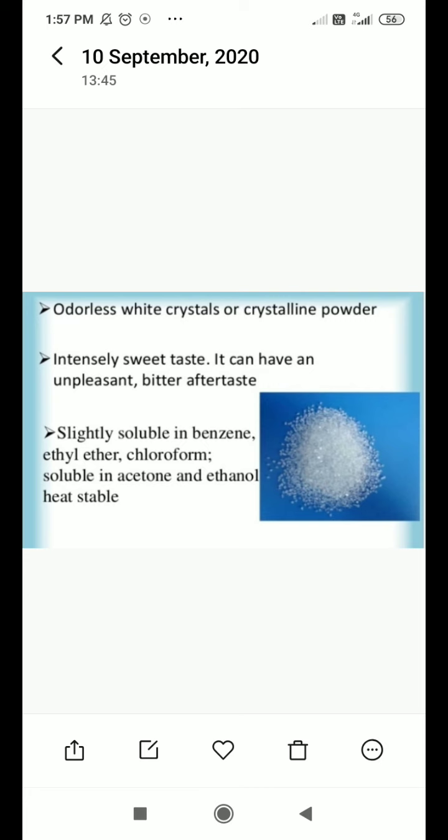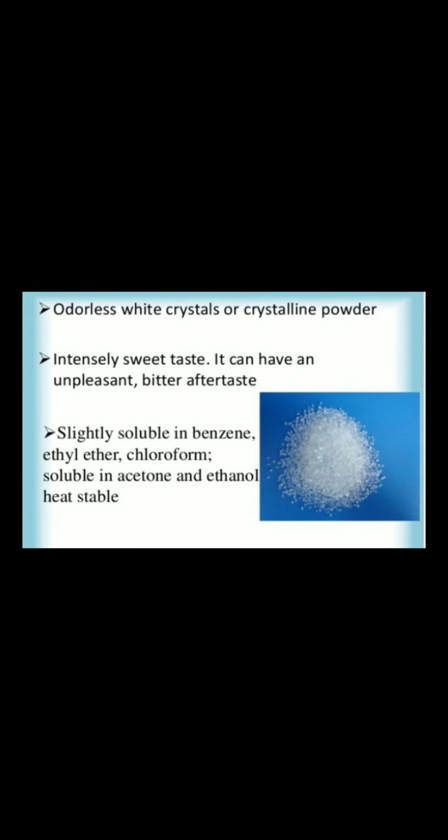Then what are the other physical properties of this compound? It is an odorless white crystal or crystalline powder, meaning it has no odor. The white crystal looks like our normal sugar which is used for tea preparation.